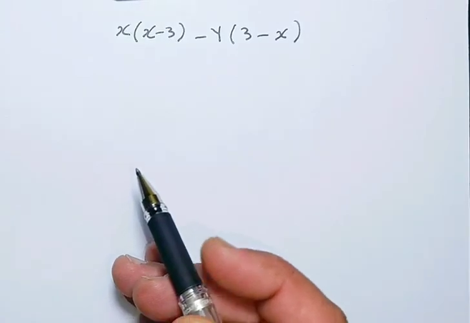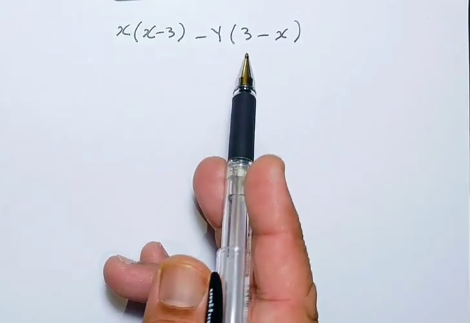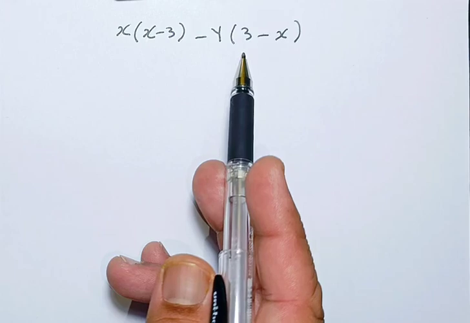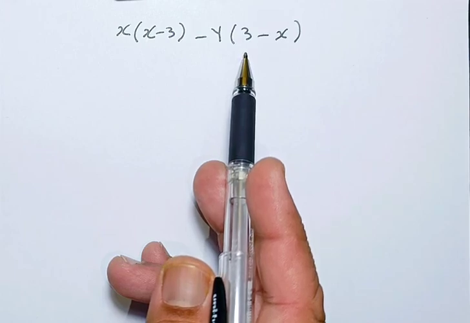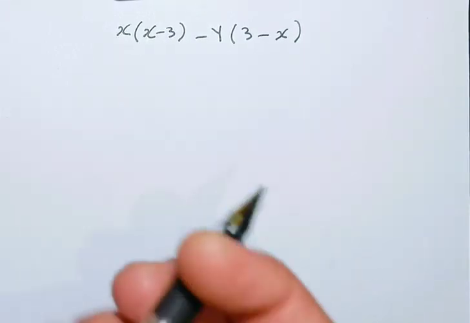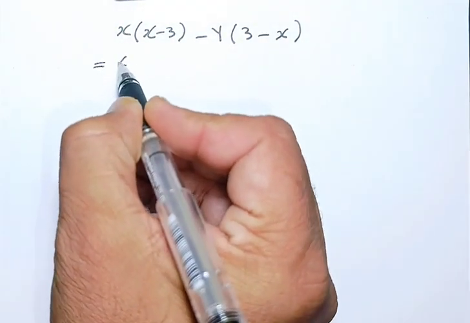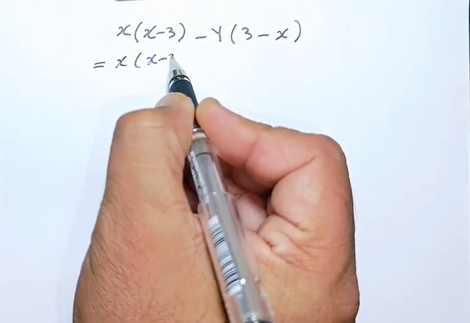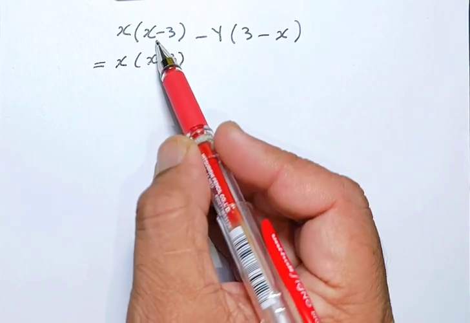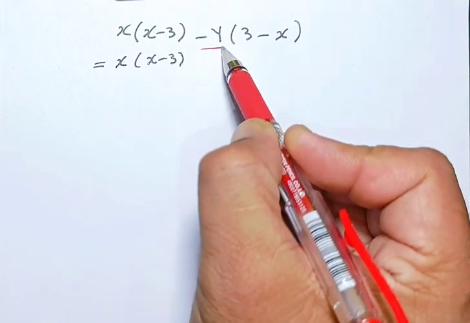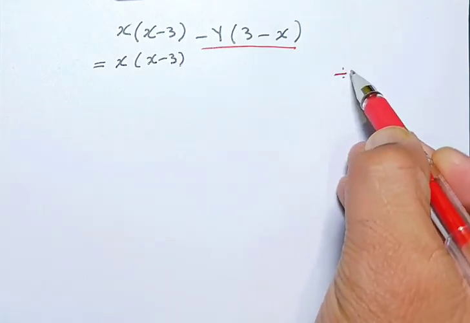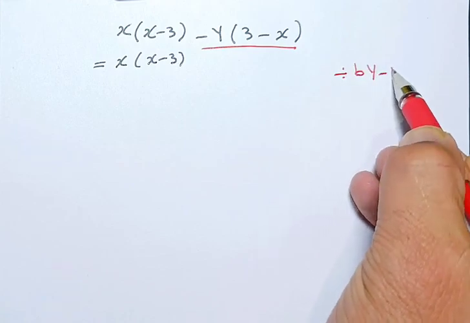I have another method to solve this kind of question. Have a look. We modify the second expression by dividing each term by negative 1. It is equal to x(x − 3), because I need to make the second term like the first, (x − 3). So this is my second expression, and I'm going to divide it by negative 1.